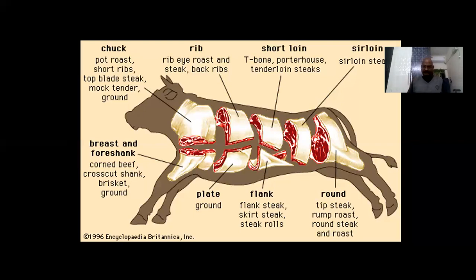Round is the back hind leg: tip steak, rump roast, round steak, and roast. These come from the hind, rounded part of the animal.